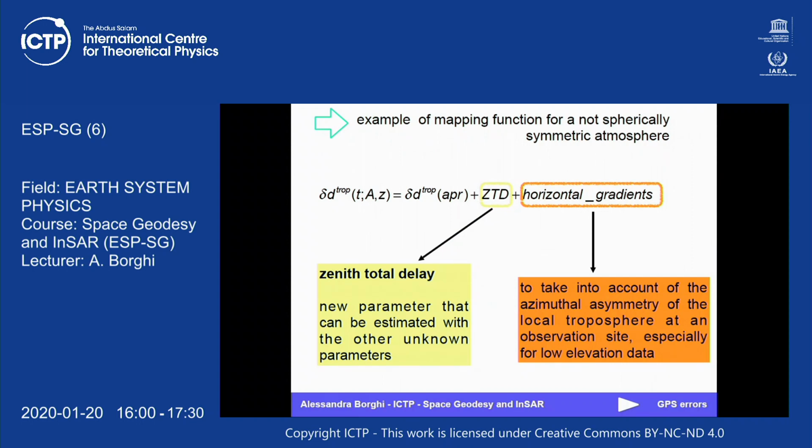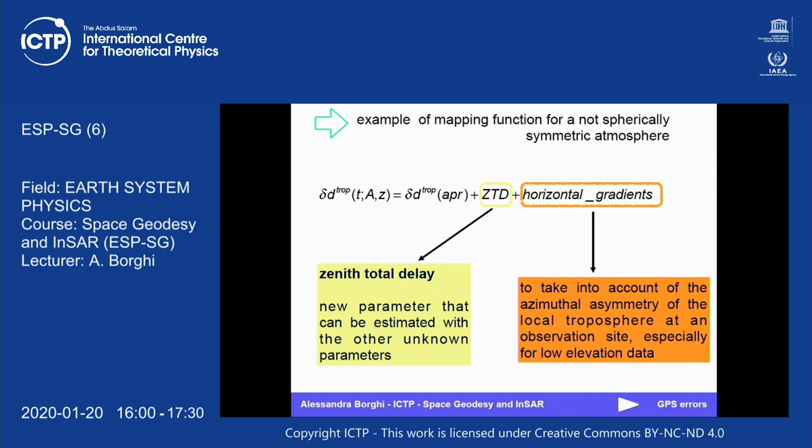Now we try to use a non-spherically symmetric atmosphere. In the last 10 years or more, we started taking into account also the azimuth direction of the signal, because it's different if the signal comes from the north, south, east or west. It's dependent.